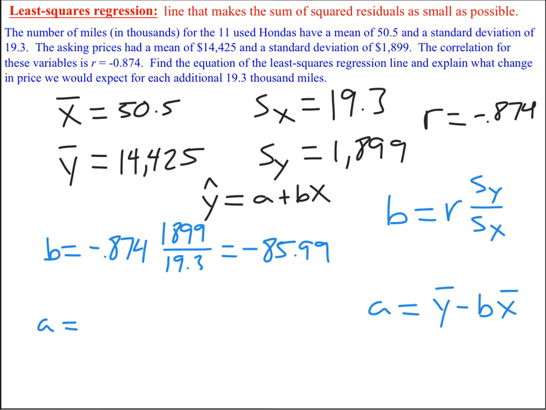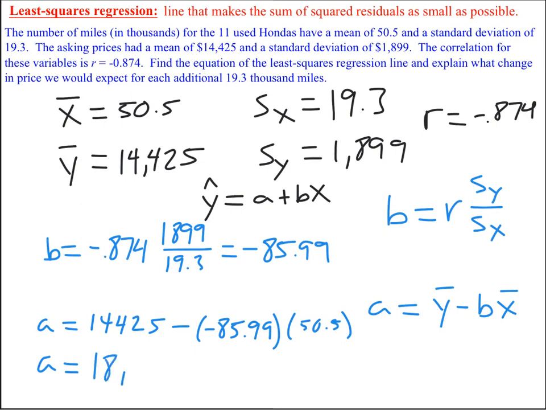But then a is the mean of the y's minus b times the mean of the x's. Now I'm going to have a little more rounding here because I'm going to use my measurement for b, which again is a little bit off, but that's okay. Number crunch that, and I get 18,767, which is like, I think it was 18,773.